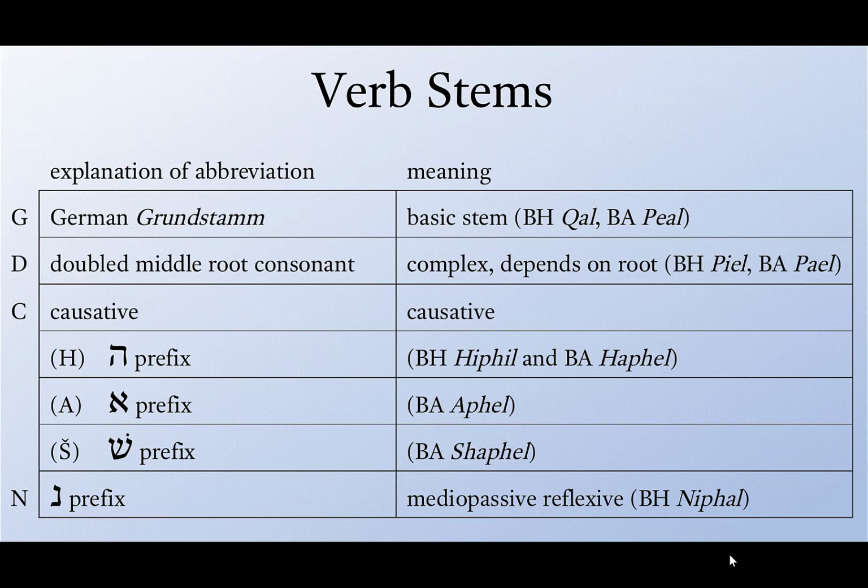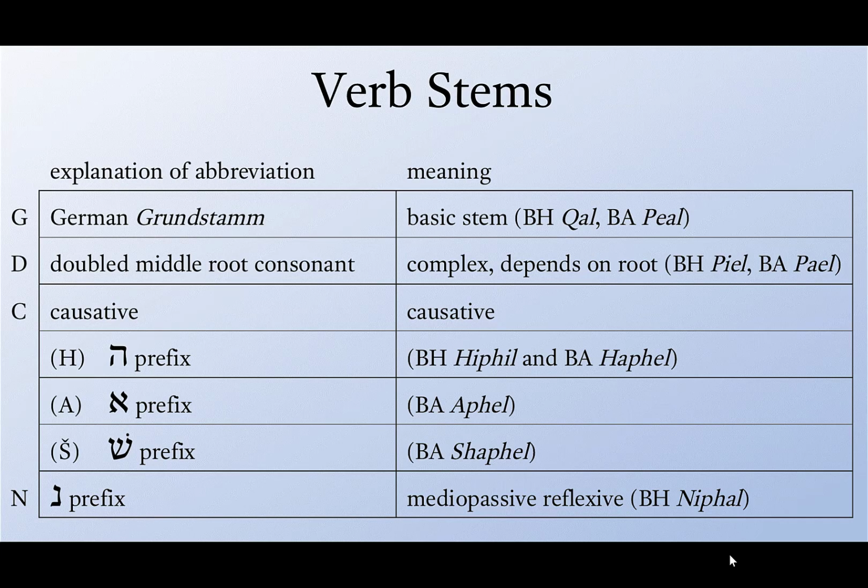Okay? And then looking down on the chart to the D stem. The D stem is that which carries the doubled middle root consonant, which we know is the biblical Hebrew Piel. The biblical Aramaic equivalent is the Pa'el. And the meaning of the doubled middle root consonant stem is complex, and it depends on the verbal root exactly what it means. Causative.